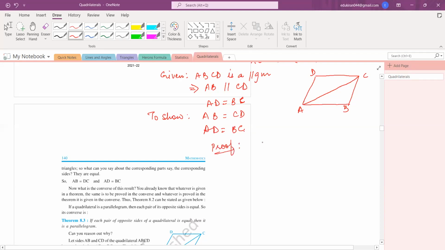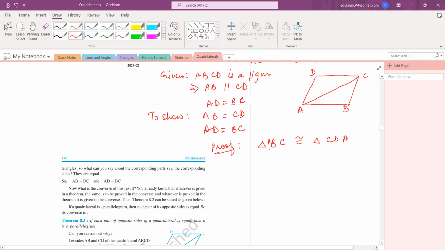Now, can I write straightforward that triangle ABC is congruent to triangle CDA? Why can I write it? Because this is one of the theorems. We have just proved it, isn't it? The theorem number 1, we have already proved that the diagonal divides it into two congruent triangles.